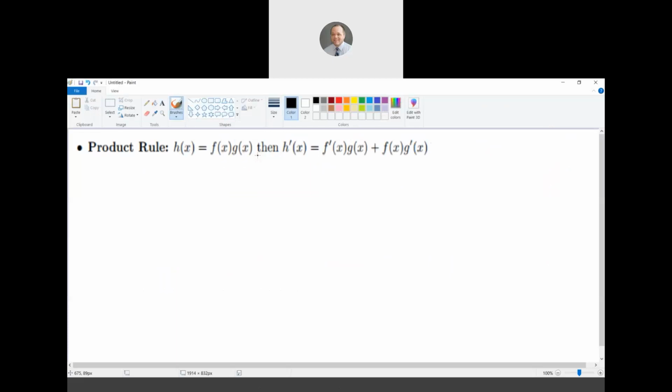Let's look at this example. We have h of x equal to 2x squared plus 1, times 8x cubed plus 4x squared.